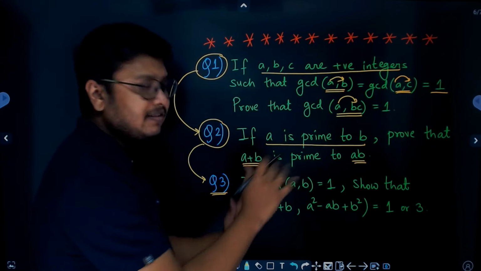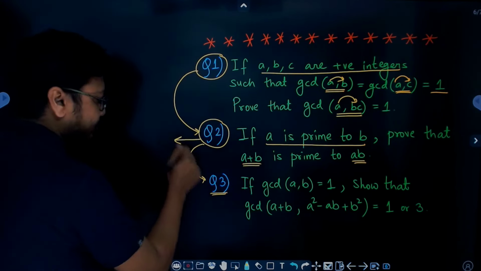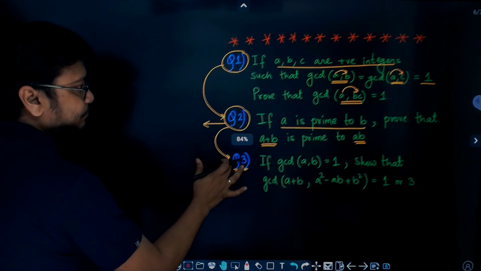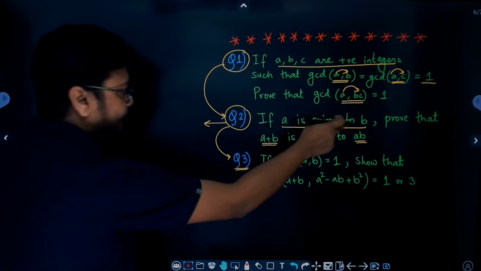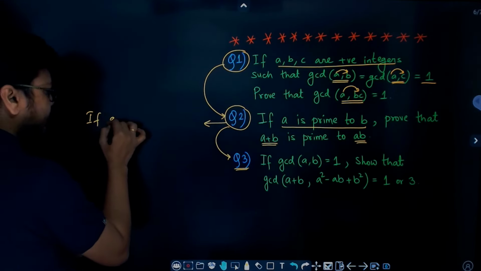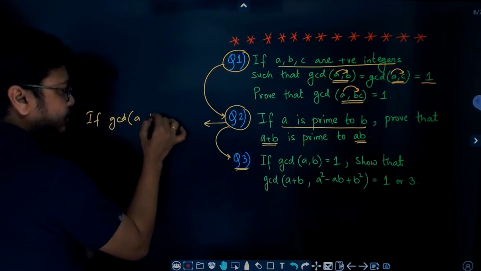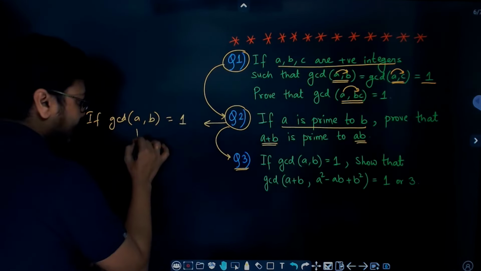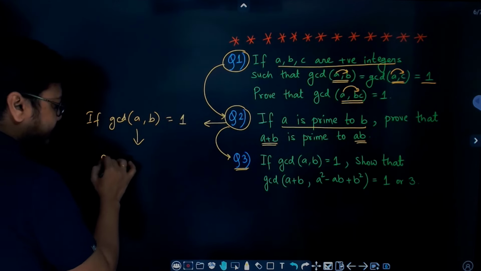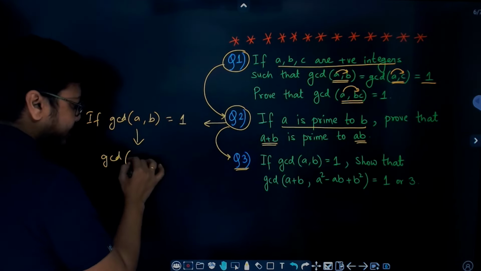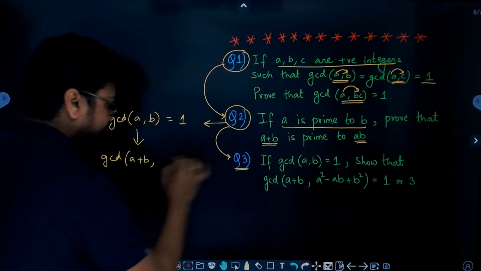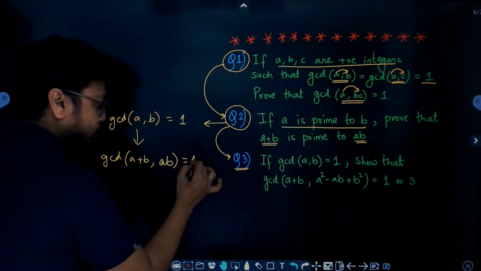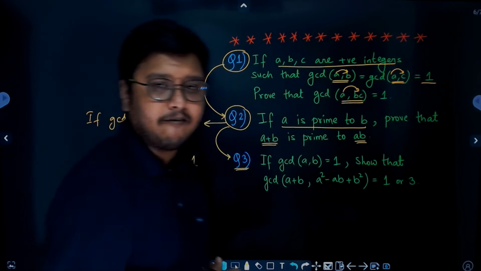If I write this in terms of GCD, what question number 2 is telling me is that if GCD of A and B is 1, so A and B are prime, I have to prove that GCD of the addition A plus B and the multiplication A into B is also 1. So this is what I have to prove.